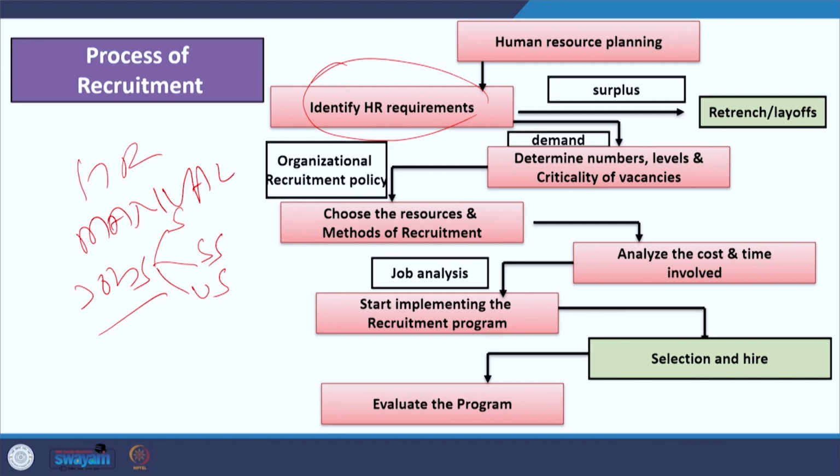Then choose the resources and methods of recruitment, and analyze the cost and time involved. Then the job analysis is to be done, and you start implementing the recruitment program, with the selection and hiring process, and then evaluate the program. So this is the process of recruitment, where you start from manpower planning and identify the requirements.